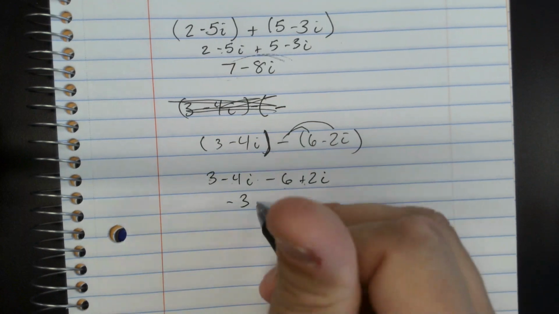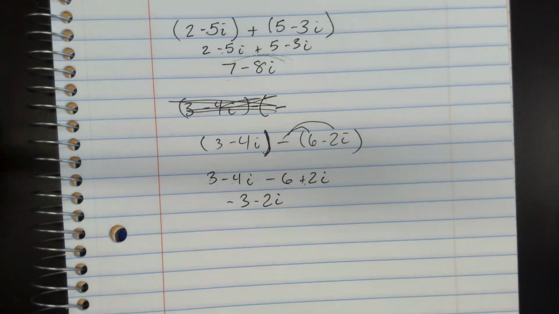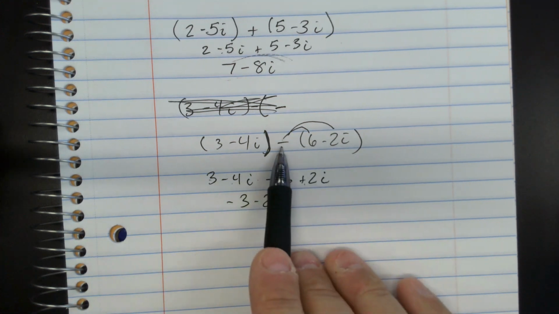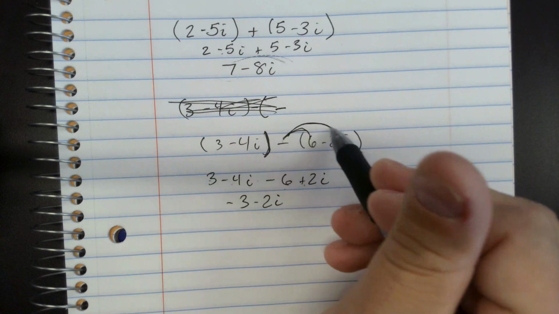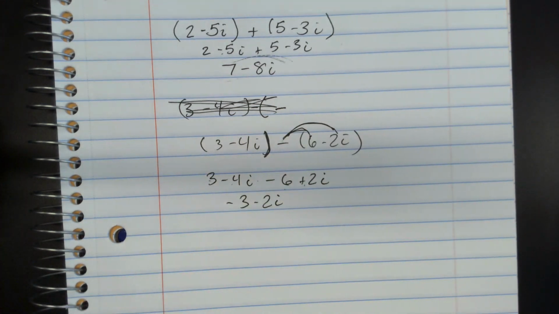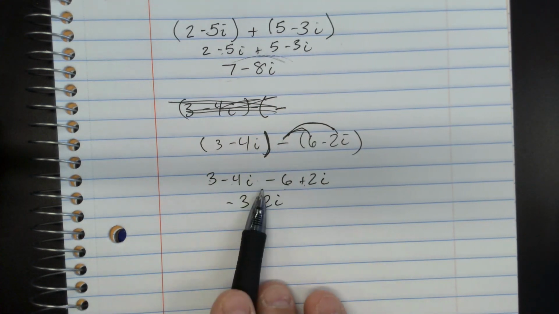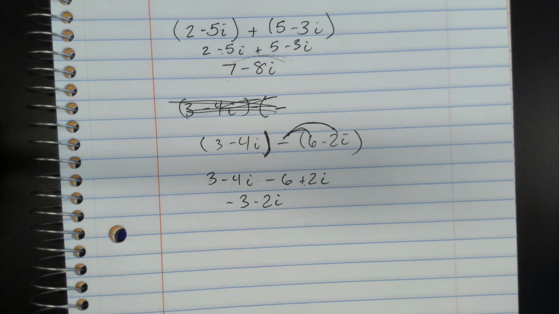Negative 4 plus 2 is negative 2i, and that would be your solution. The negative distributes to make a negative 6 and a positive 2i.